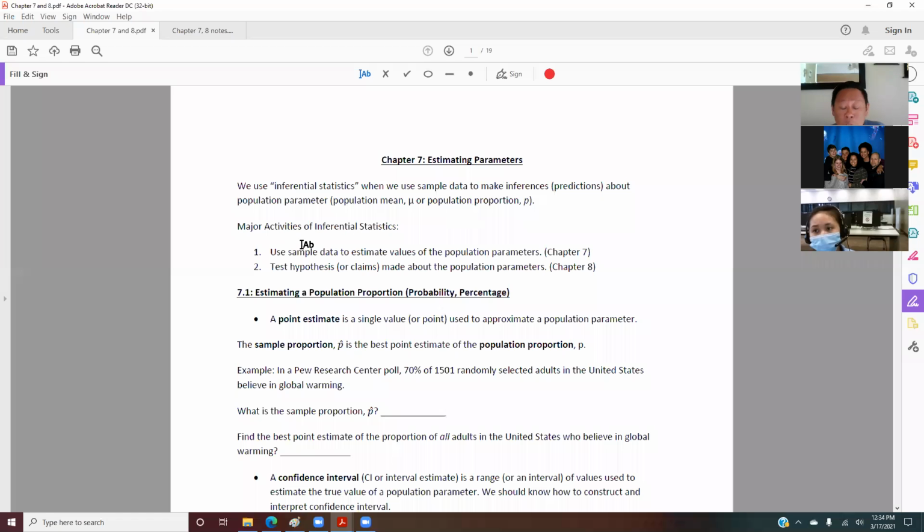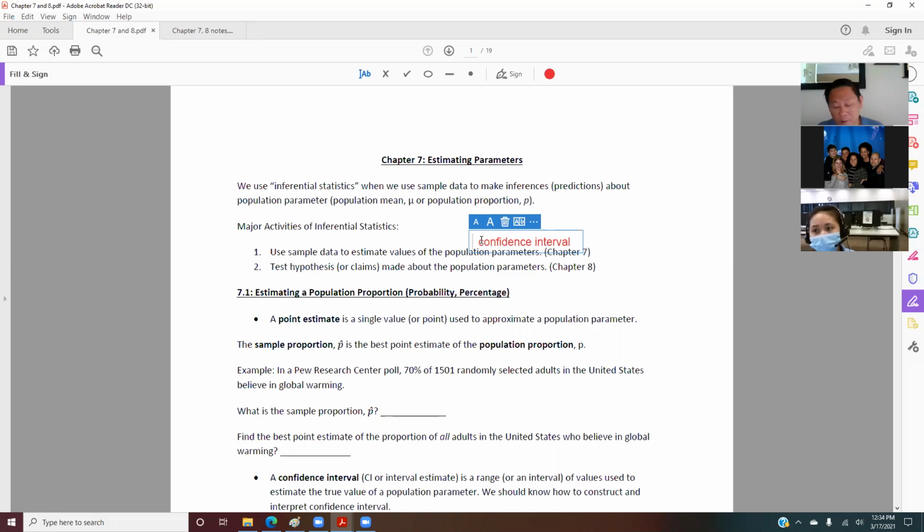So what we do in this case is inferential statistics. In chapter 7, we talk about estimating population parameters. Estimating values of a population parameter is what we call the confidence interval. You see this a lot in the news.